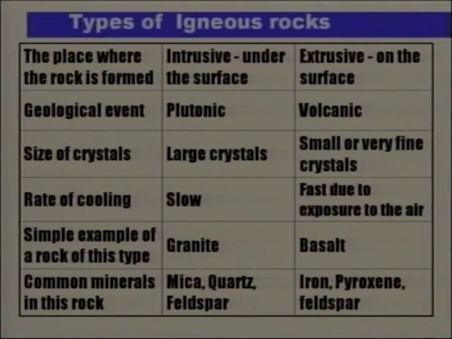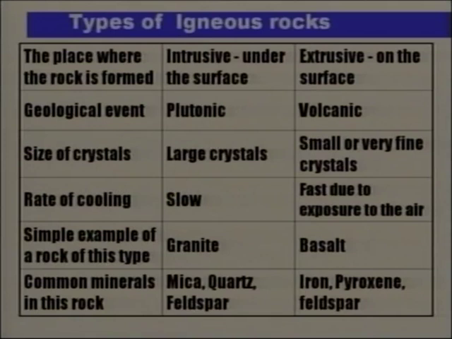Note, on the first column, we have the place where the rock is formed. We're looking at the site. And we found out that igneous rocks can be formed intrusively or they can be formed extrusively. The intrusive igneous rocks are referred to as plutonic igneous rocks.